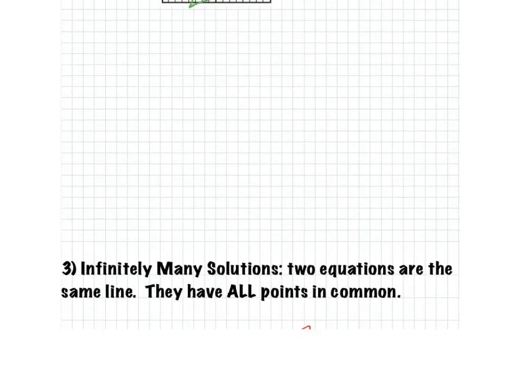Okay, and then the third type of system that we have, or a solution that we can find, is where we have infinitely many solutions, where both equations are actually the same line, and therefore these have all points in common.